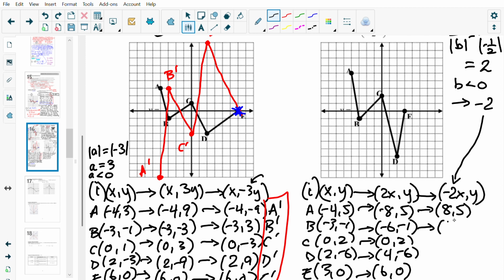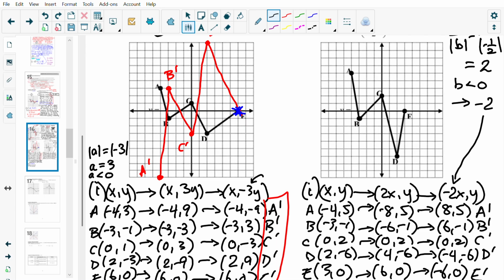Okay, so I'm multiplying all the x values by negative 1, so that's 8, 5, 6, negative 1, 0, 2, negative 4, negative 6, and negative 6, 0. Okay, so this is A prime, B prime, C prime, D prime, E prime.